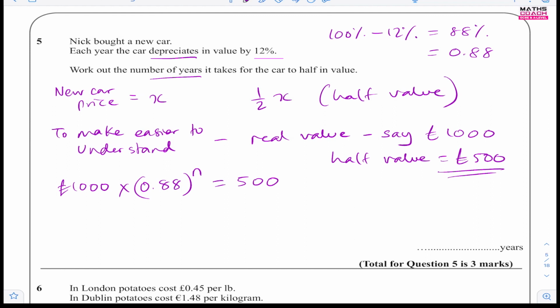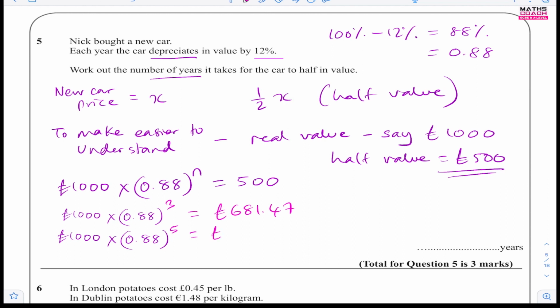So what you can do now is just put in some values on your calculator for the value of n until you get close to 500. So let's start off by doing to the power of 3. And when you do to the power of 3, you get 681.47. That's not 500, so you keep going. Let's do it to the power of 5, a little bit more than that. You could do 4 if you wanted to.